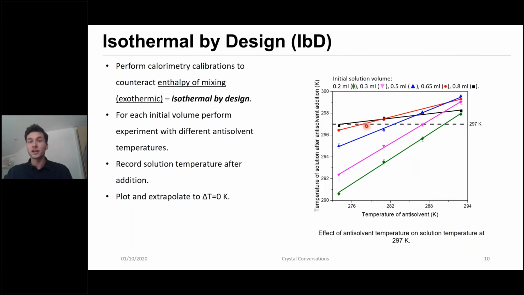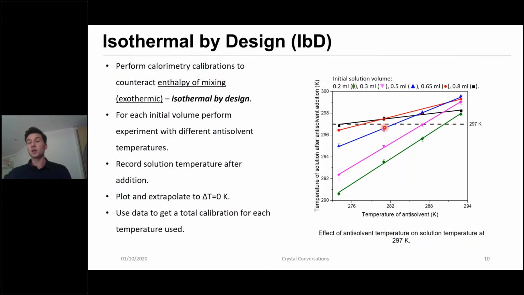So what you'll notice here, for instance, if we take this value from an extrapolation, we know that in order to maintain a solution at 297 Kelvin, we have to offset our anti-solvent temperature by about 20 degrees. So this enthalpy of mixing is huge. It's not a small effect, and we get a range of effects depending on the starting initial solution volume, but it is linear and quite easy to extrapolate.